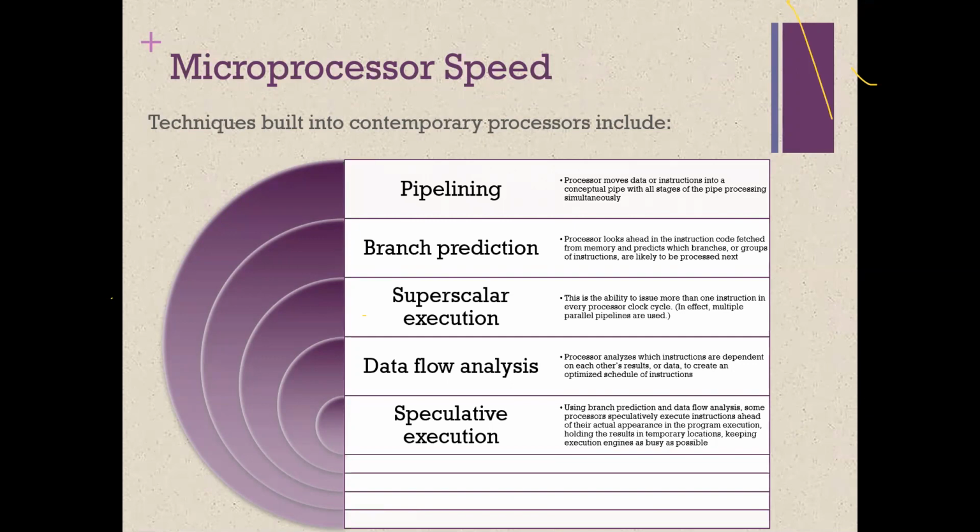So here, in a similar fashion, the key advantages derived from data flow analysis and branch prediction are enjoined to develop the speculative execution. So some processors speculatively would execute instructions ahead of time or ahead of their actual appearance in the program execution. And then it holds the results in a temporal buffer or accumulator or register.